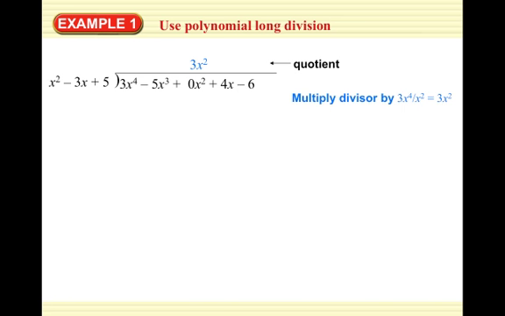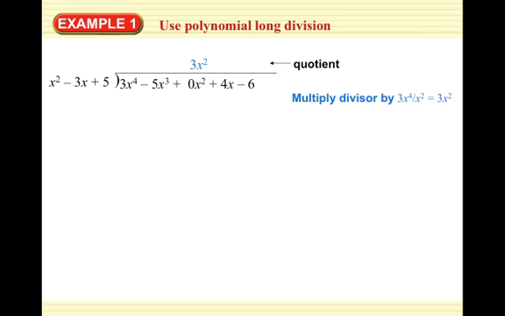Remember, we just look at those leading terms in the dividend and the divisor. Okay, and so when we do 3x to the fourth divided by x squared, we get 3x squared.